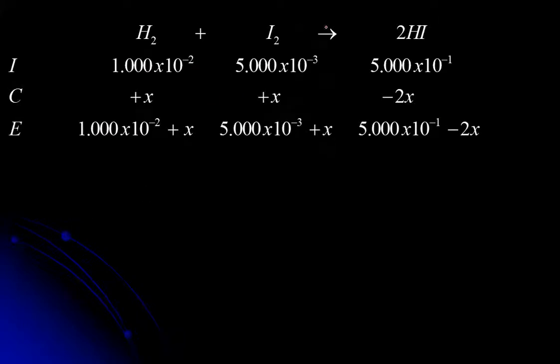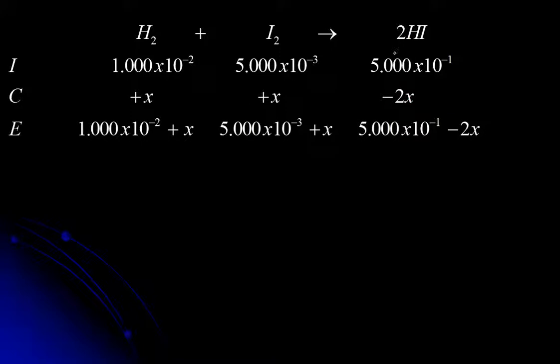Here's our equation across the top. Our I row, these were the given pressures. I know we don't have the labels in here, but these were all atmospheres. It said nothing about how much the pressure was at equilibrium. It didn't tell us how much any of these changed by, so we have to assign an x to those changes. Again, I said find the ones that have a coefficient of 1 and assign them an x. And then this is a coefficient of 2, so we make that 2x.